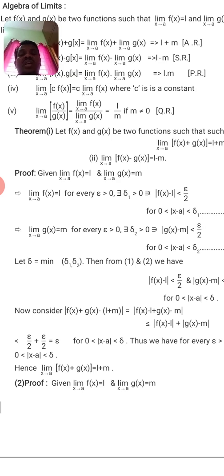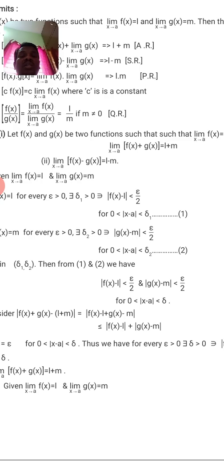Given: the limit as x tends to a of f(x) is equal to L and the limit as x tends to a of g(x) is equal to M. It implies, by the definition of the limit, that the limit as x tends to a of f(x) is equal to L: for every real number epsilon greater than 0, there exists a very small real number delta 1 greater than 0 such that modulus f(x) minus L is less than epsilon by 2 for 0 less than modulus x minus a less than delta 1. Write it as equation number 1.